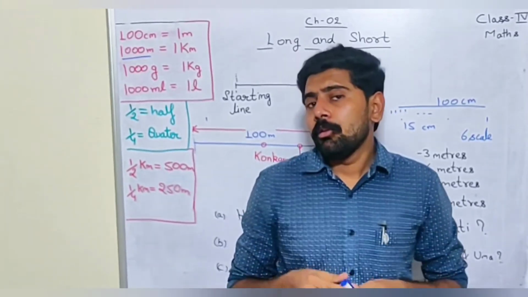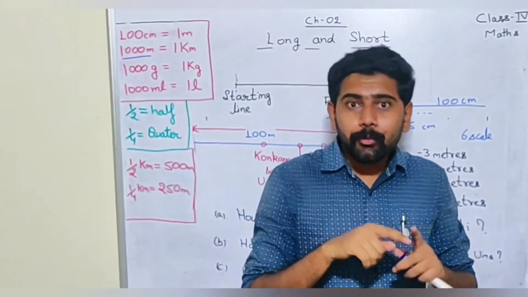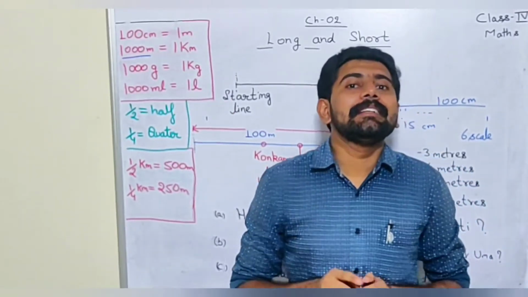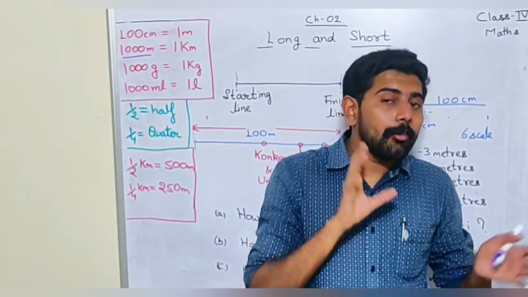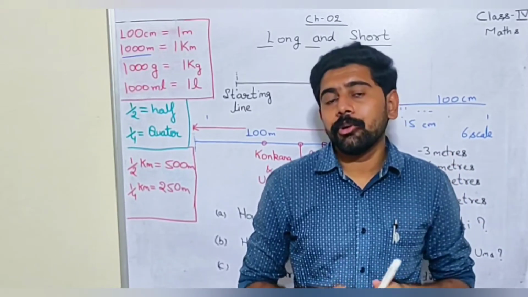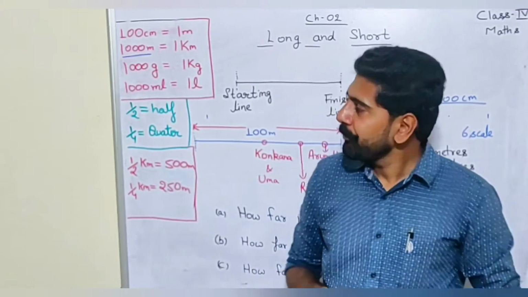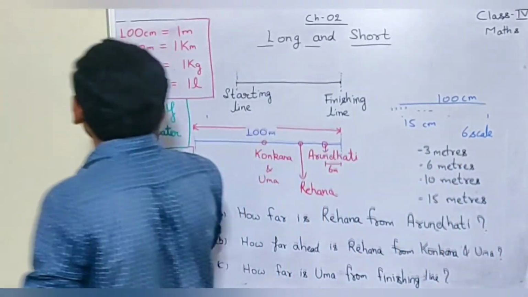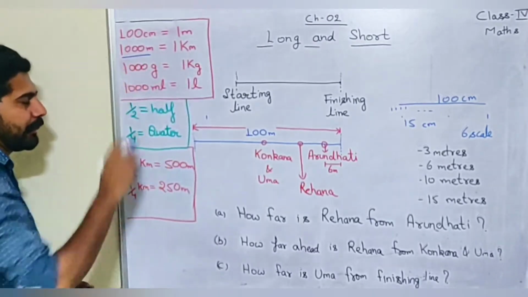We use liters or milliliters for these liquid quantities. Like we also bring a packet or bottle of oil, that also denotes 1 liter of oil. Yes? Okay. That means 1000 ml is equal to 1 liter.